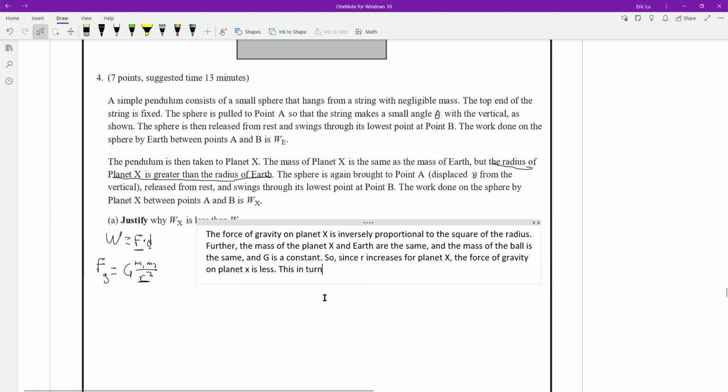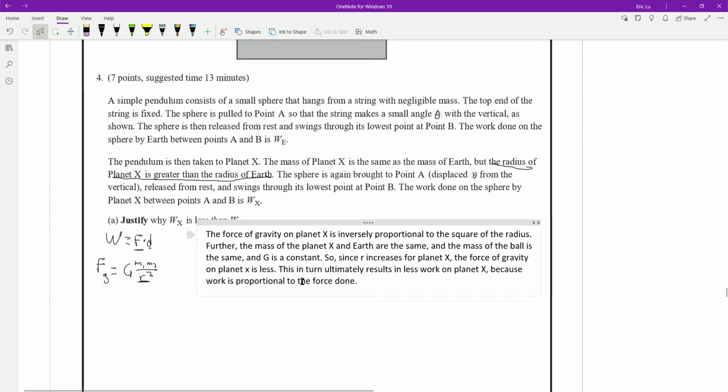This, in turn, ultimately results in lower work, less work on planet X, because work is proportional to the force done.